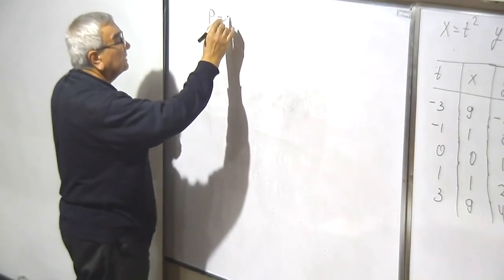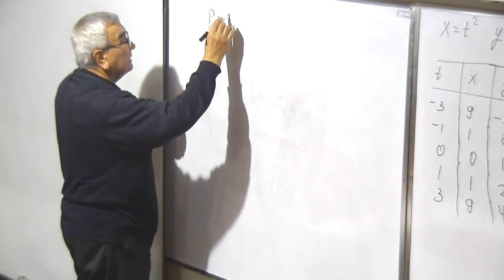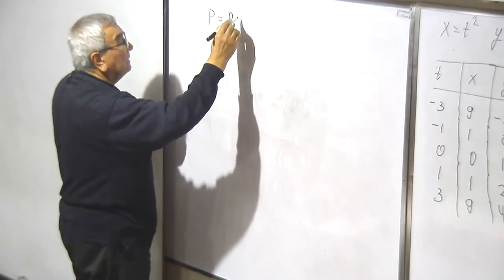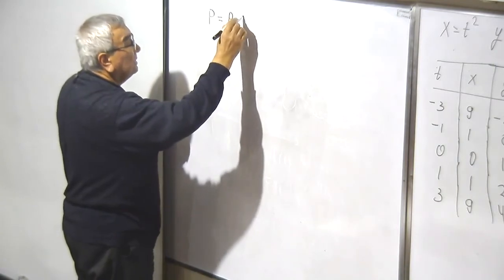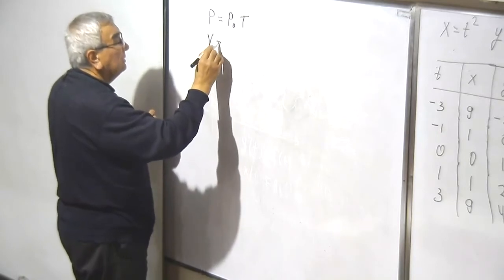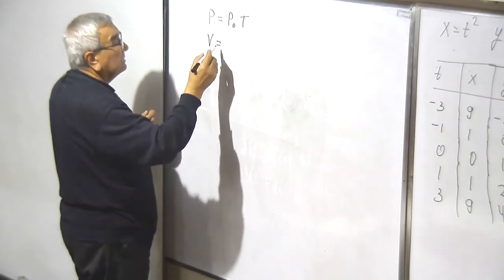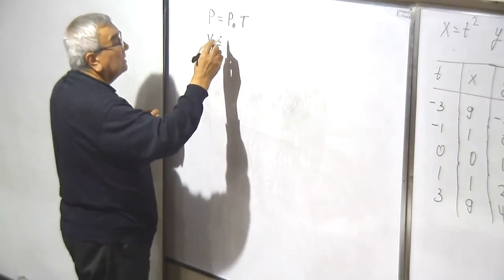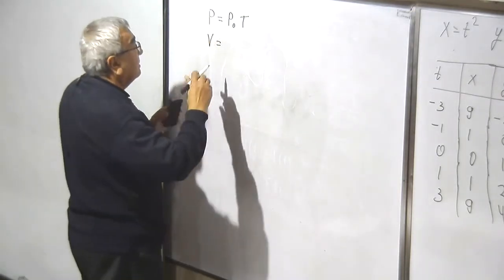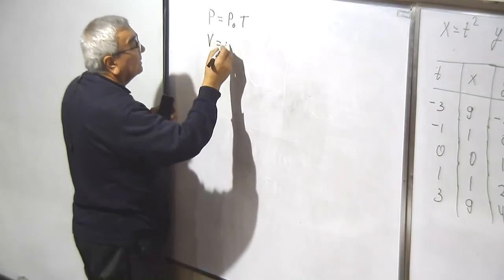When the pressure increases, I will write here P naught, multiplied by T, the temperature. The volume is decreasing.